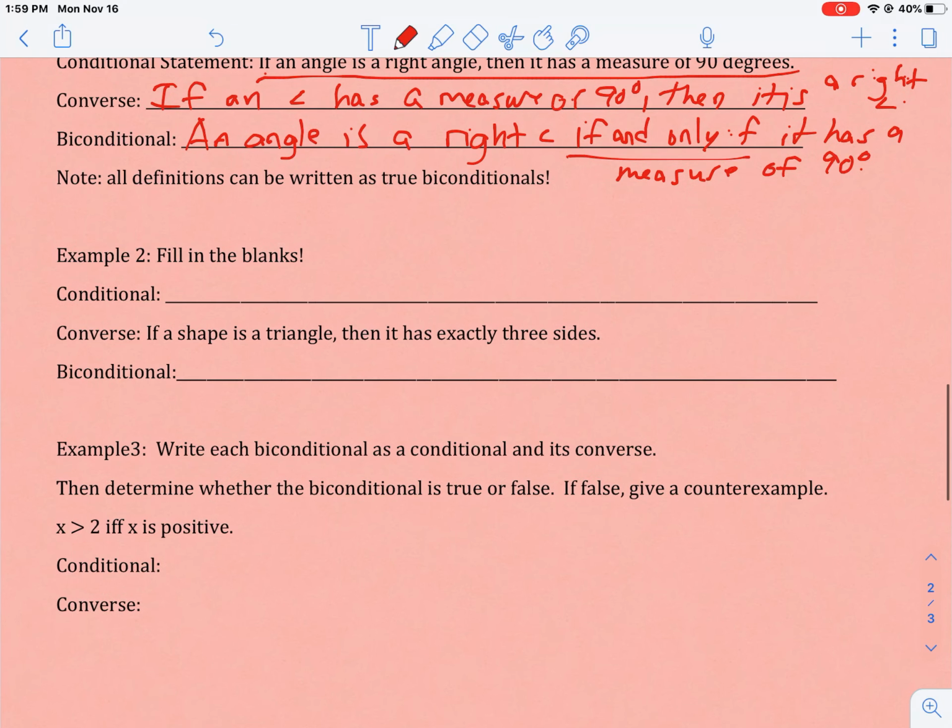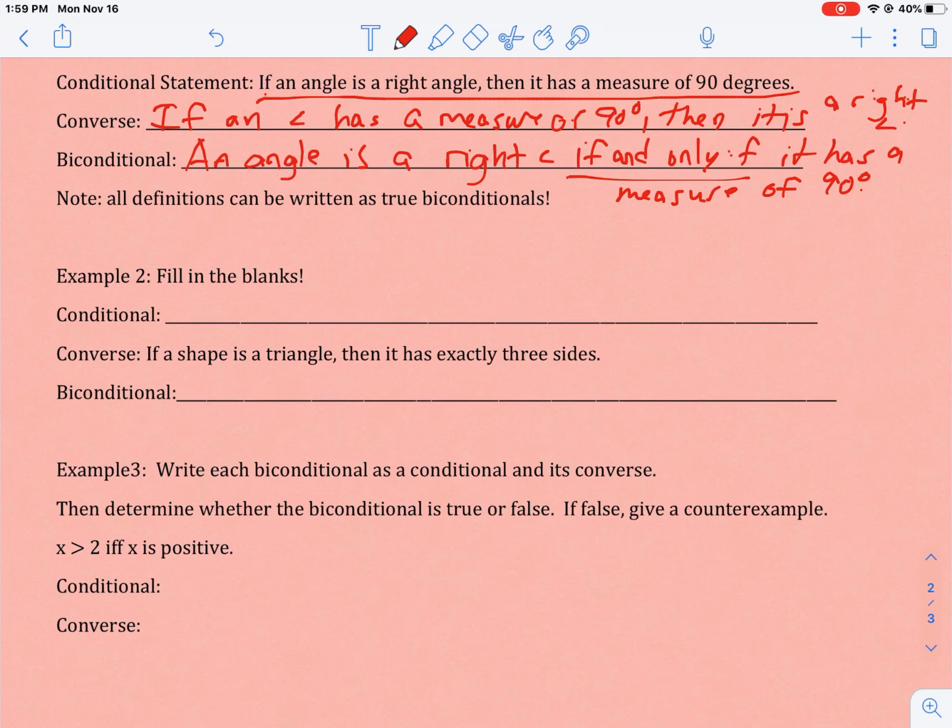Now, for this next one, they give us the converse, so we have to find the conditional. Again, the converse means they just switched the hypothesis and conclusion. So this is the hypothesis, this is the conclusion.